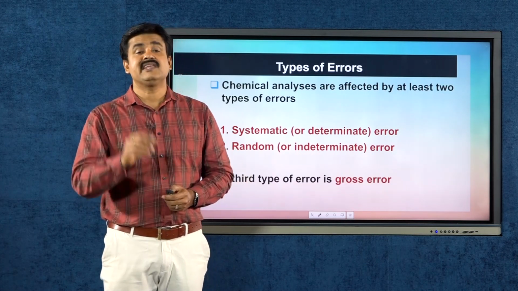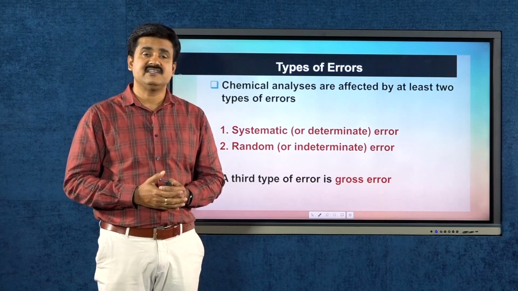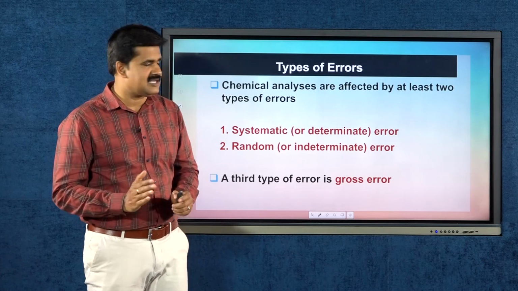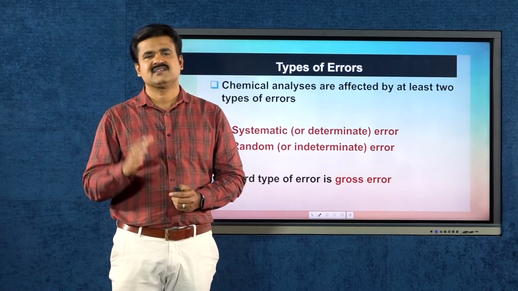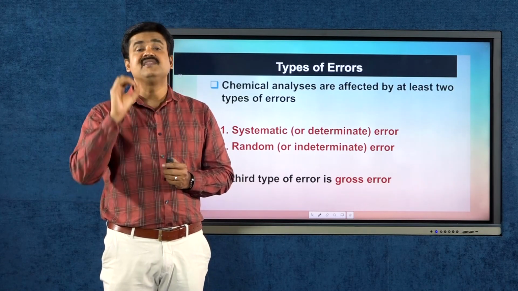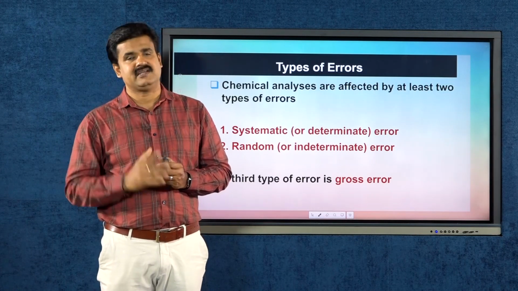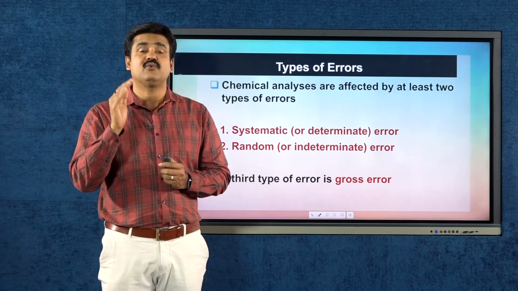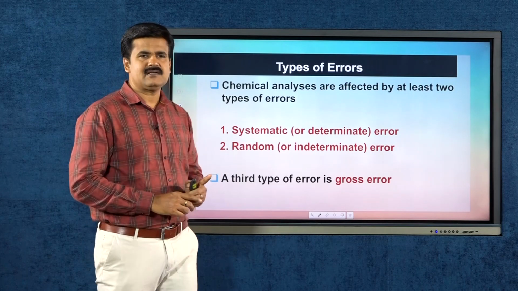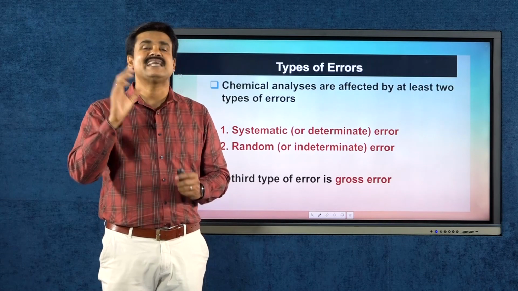There is a third type of error which is also possible in quantitative analysis. That type of error is termed the gross error. So, broadly we can say that there are three types of errors in quantitative chemical analysis or in measurements of a physical quantity. The three errors are systematic error, random error, and finally the last category, gross error.